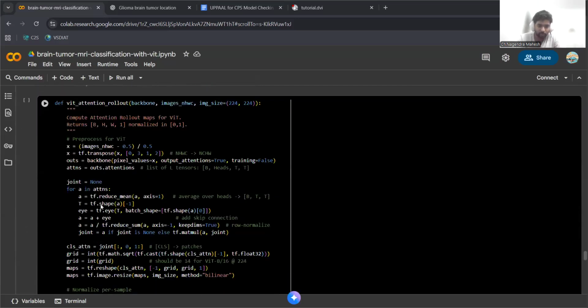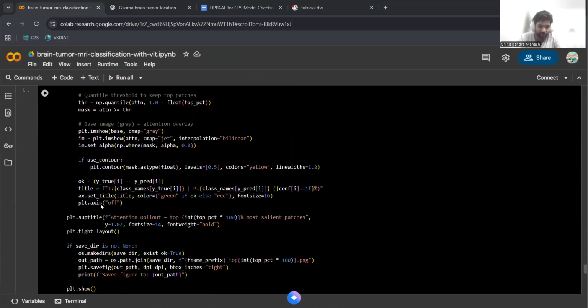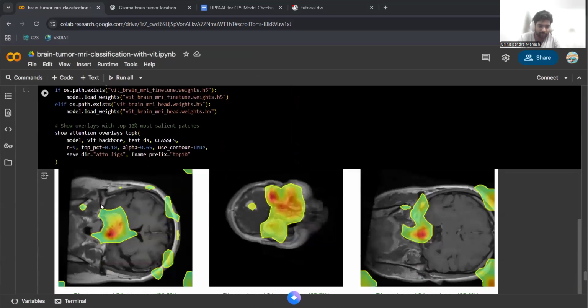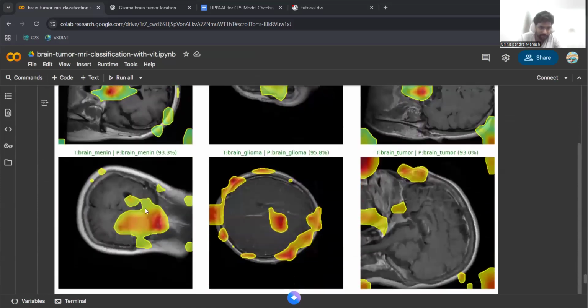This is how the model recognizes the tumor for each classification. Here we can see if the image consists of this type of part, it will be classified as meningioma.